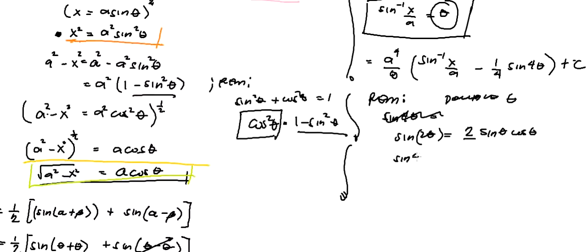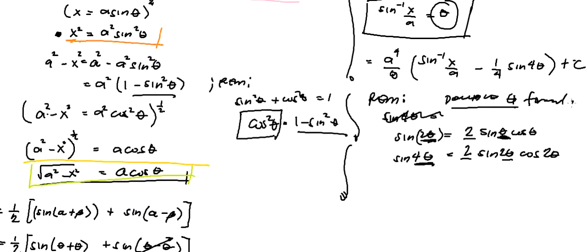So if we have sine 4 theta, since we have a double angle here, then we need 2 theta there. Simply means sine 4 theta is equal to 2 sine 2 theta cosine 2 theta from our trigonometry double angle formula.